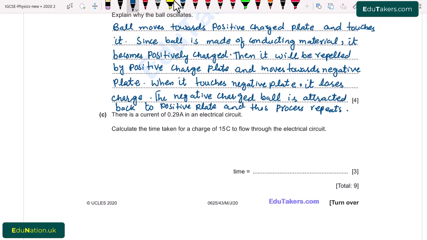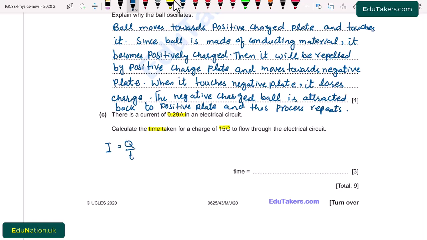Part C. There is a current of 0.29 ampere in the electric circuit. Calculate the time taken for a charge of 15 coulomb to flow through the electric circuit. Here we have to calculate the time, and we know that current is defined as the rate of flow of charges.